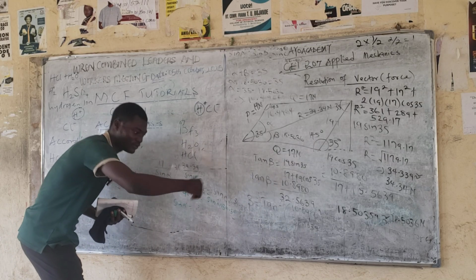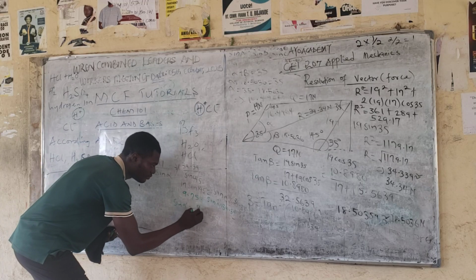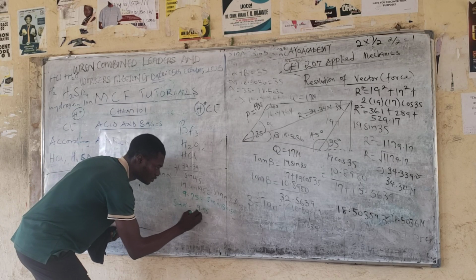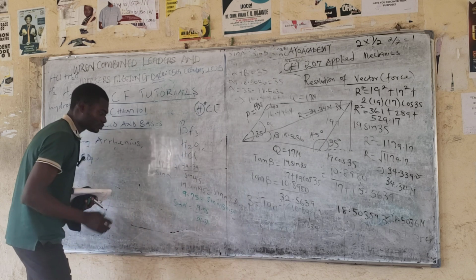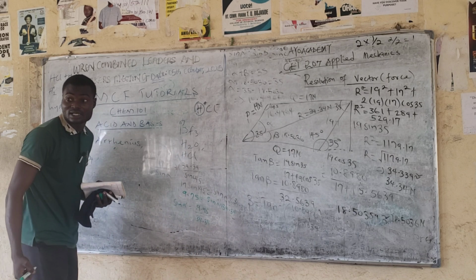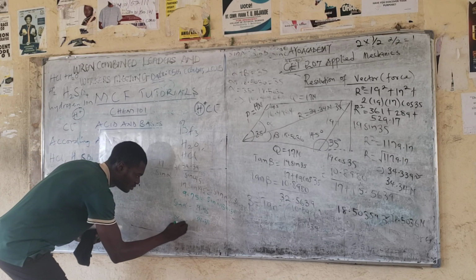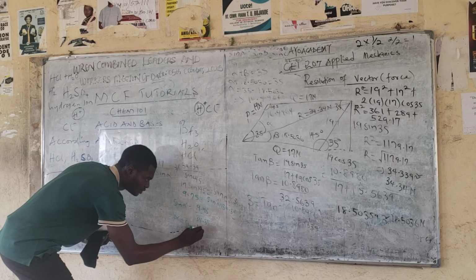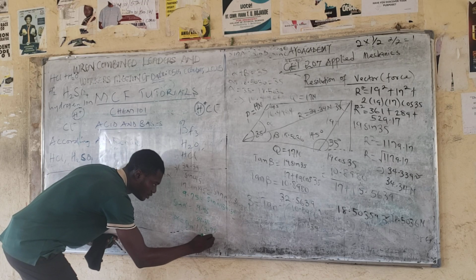If you cancel this one with that 34, it will remain this one, abi? Look at it here. But this one will now be what? So we are going to find the sine inverse, which is the arc sine. So alpha is equals to sine inverse of what over what?